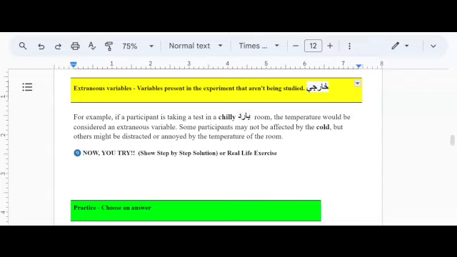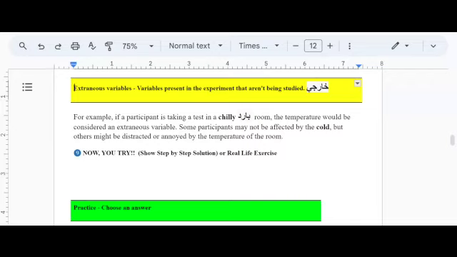Some participants may not be affected by the cold, but others might be distracted or annoyed by the temperature of the room. Yes. So here the temperature can affect the student taking the test. So that's extraneous.